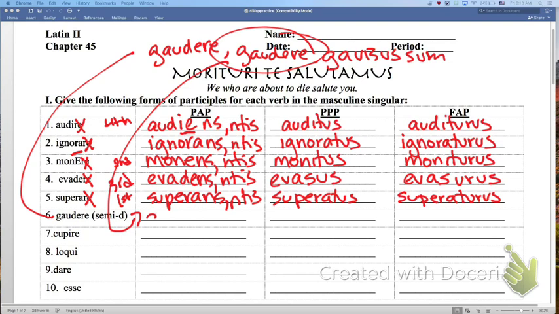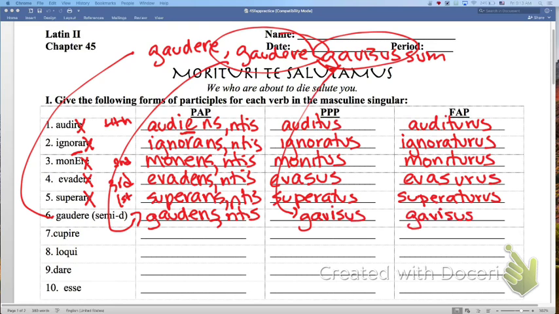Take off the RE, right? Gaudens, gaudentis. Okay, but for these other two, you're going to take the third principal part like it was a deponent verb. So it's going to be gavisus. What would the future active participle be? Gavisurus. You just use that. Yep.